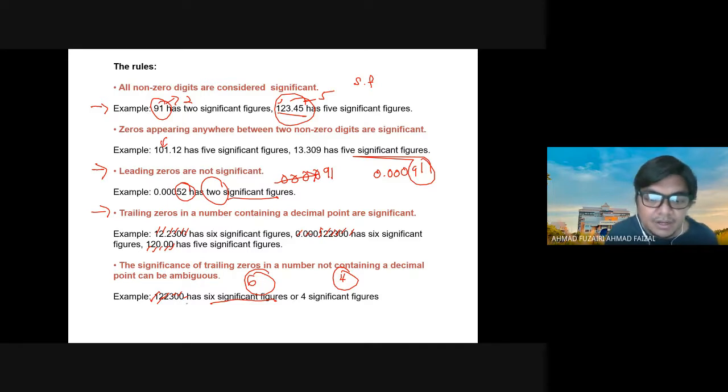We can write this in terms of scientific notation. For example, 1.223 times 10 to the power of 5. So this can be written as 4 significant figures instead of 6. If 6, then 6.